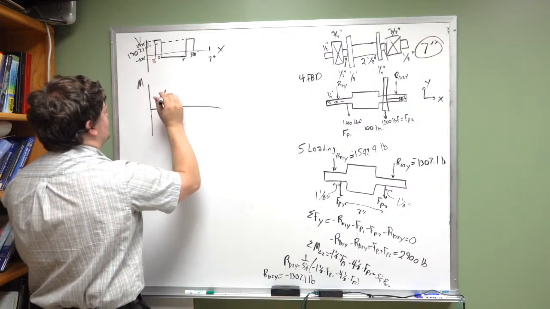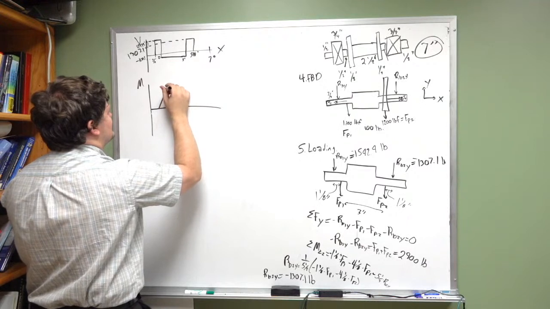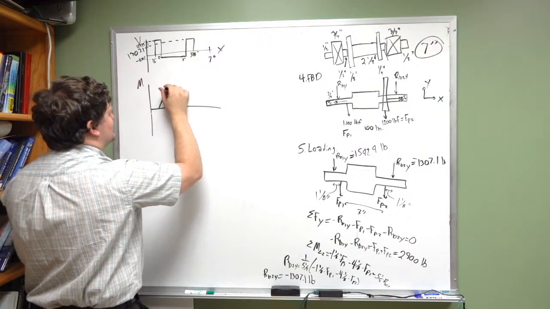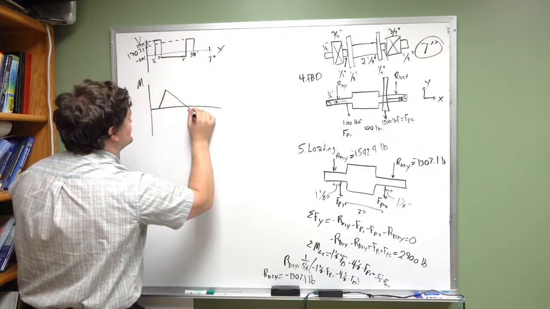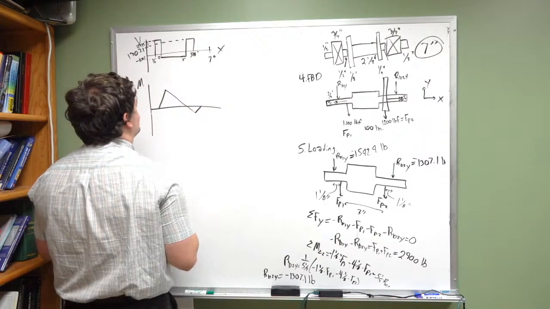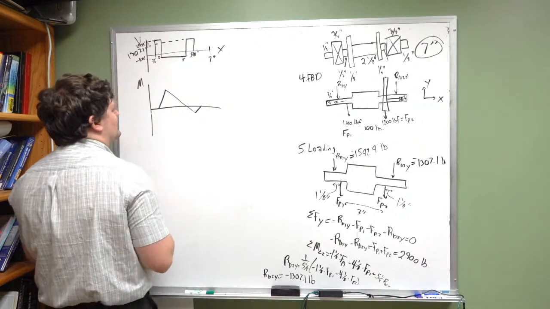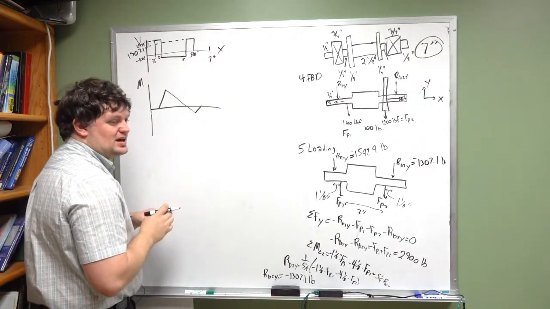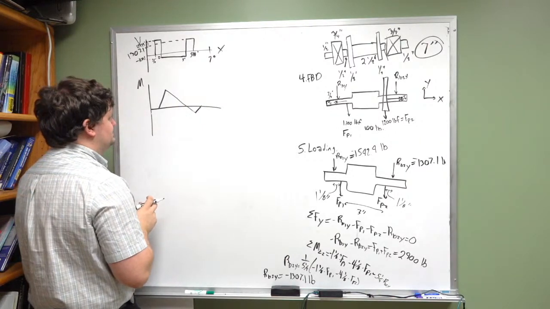We have a negative load that then slightly goes down like this, and then we get a positive load that once again goes like that. That's what our moment diagram is going to look like.